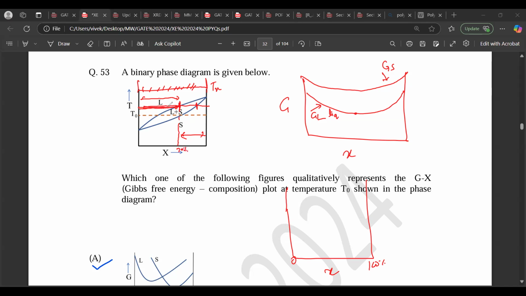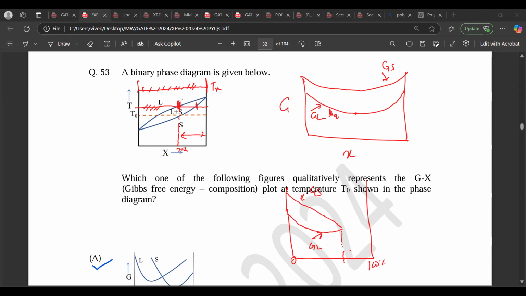So up to 70% it is only liquid, which means the liquid curve is lower and the solid is higher, up to 70%. That is why you see liquid everywhere in this region of the phase diagram. This all region is liquid. I took this temperature.